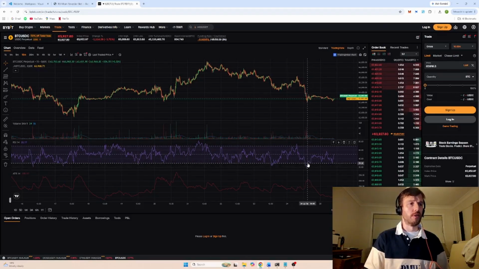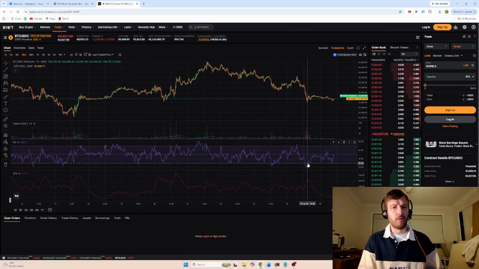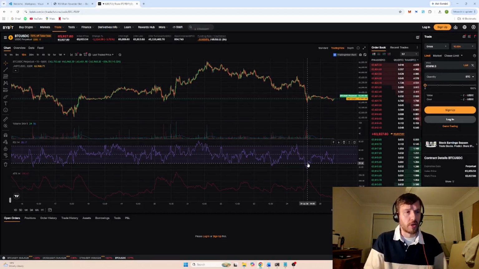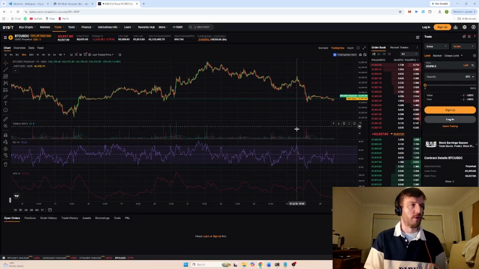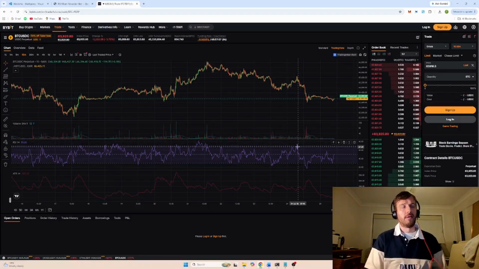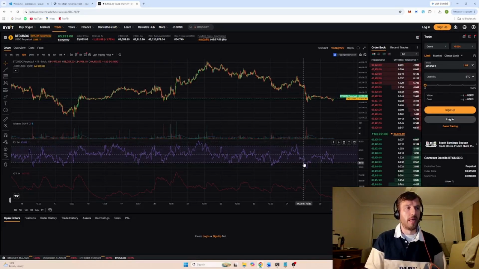So it crosses the 30 mark here, and at that point, because it's considered oversold, we'd look at buying a long position, and vice versa here. It crosses that 70 RSI threshold, and then we buy a short position on the market. That's the general idea, we're basically just betting on reversals in this kind of bandwidth here.